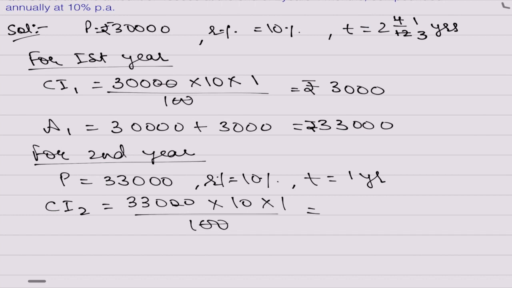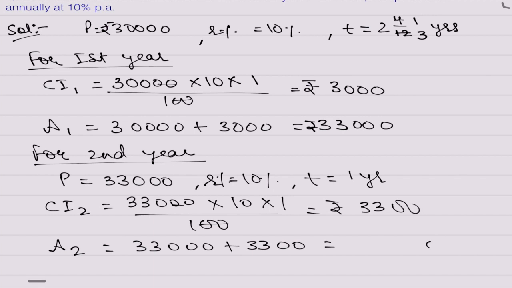So that is 3,300 rupees. So amount of the second year is principal plus interest, that is 36,300 rupees. Now this amount will become the principal for the third year.